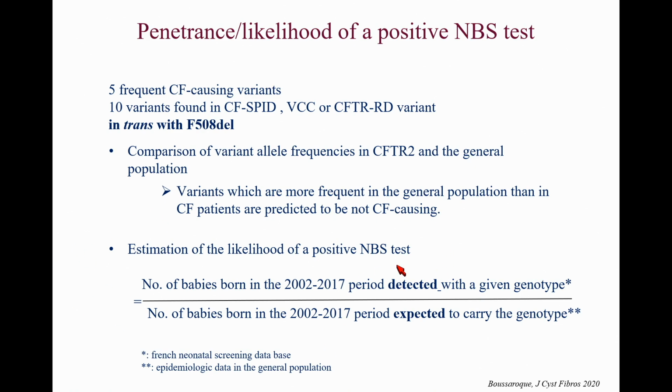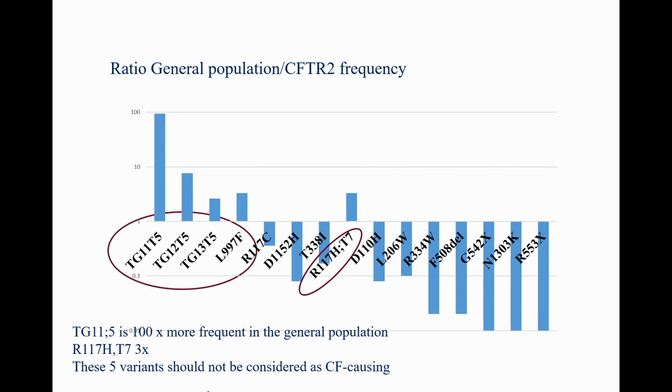And second, we estimated the likelihood of a positive newborn screening by calculating the ratio between the number of babies born in this period detected with a given genotype divided by the number of babies expected to carry the genotype as reported in epidemiologic data in the general population.